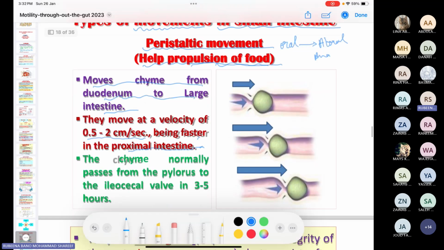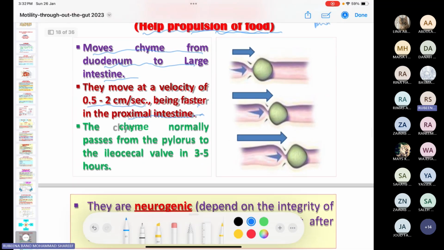as compared to the ileum, right? The chyme normally passes from the pylorus of the stomach to the ileocecal valve in 3 to 5 hours. What is chyme? Chyme is nothing but food mixed with gastric secretion, gastric juice.